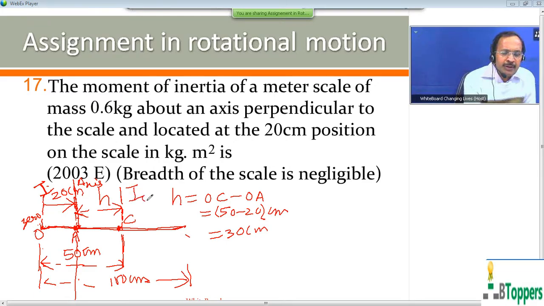Let I_CM denote the moment of inertia of the scale about the axis passing through the center of mass of the scale and perpendicular to the length of the scale. That means the two axes passing through the points A and C are parallel to each other, and the perpendicular distance between the two axes is 30 centimeters or 0.3 meters.